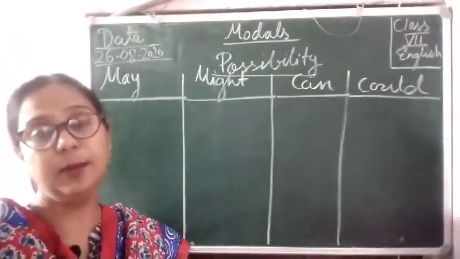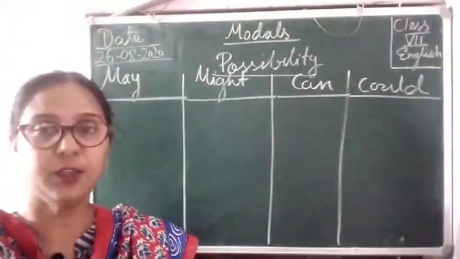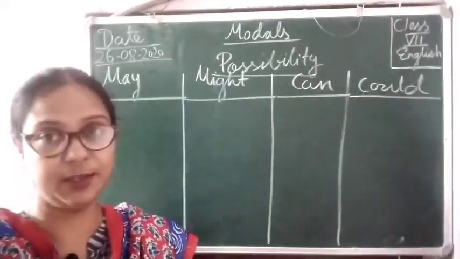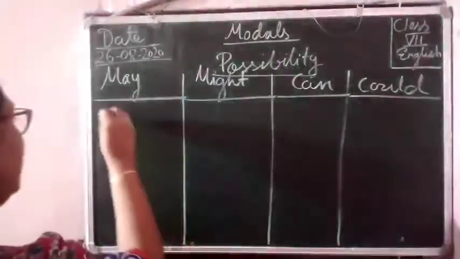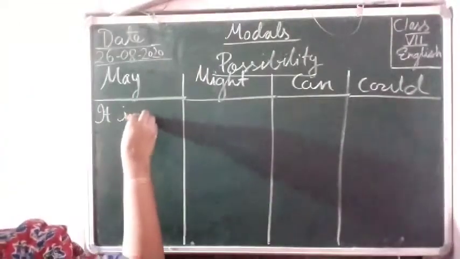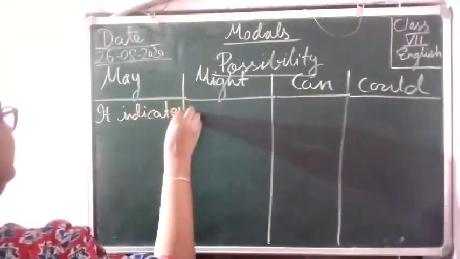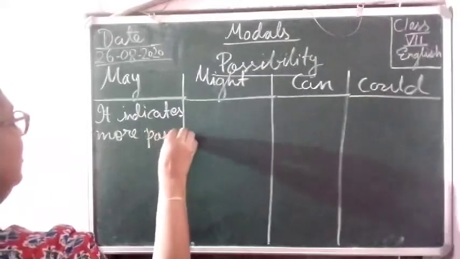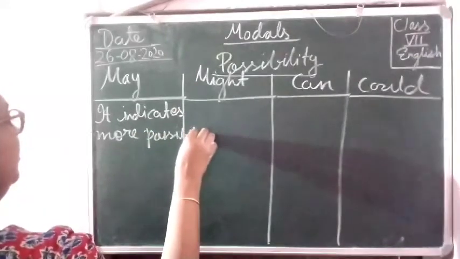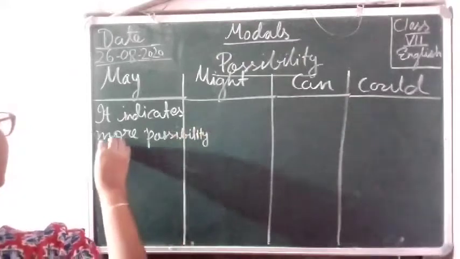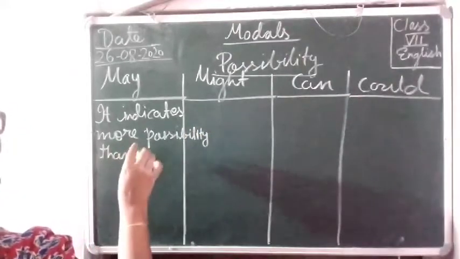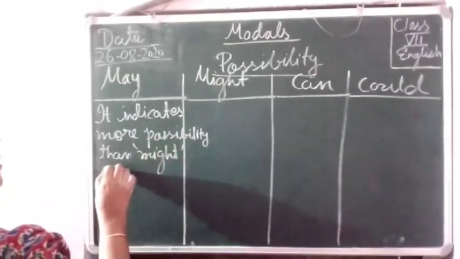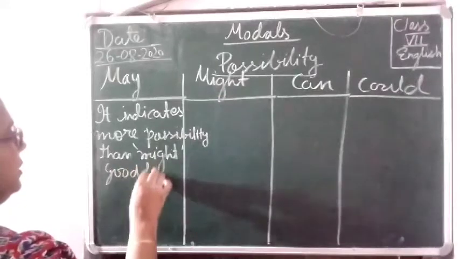How will may be expressed? May is showing a good possibility. It means it is a stronger possibility than might. It indicates more possibility than might, so you can say good possibility.